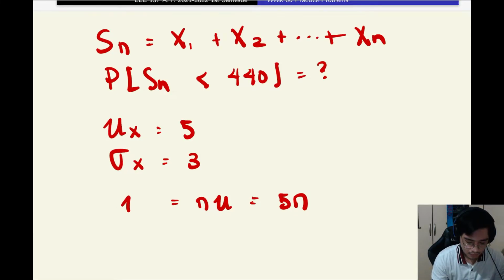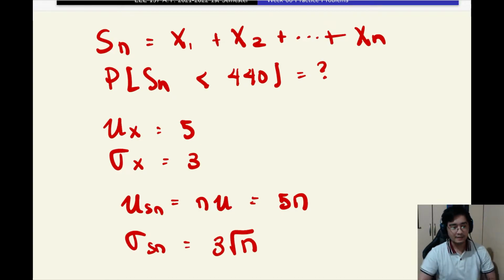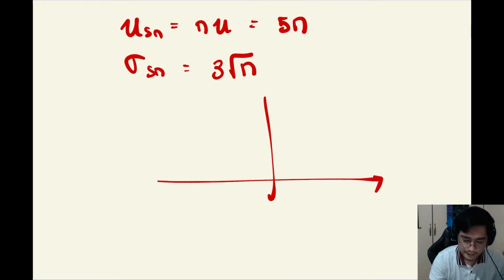This is mu_Sn, and sigma_Sn is equal to 3 square root of n, or sigma square root of n. We now have S_n to be a Gaussian random variable by the central limit theorem.